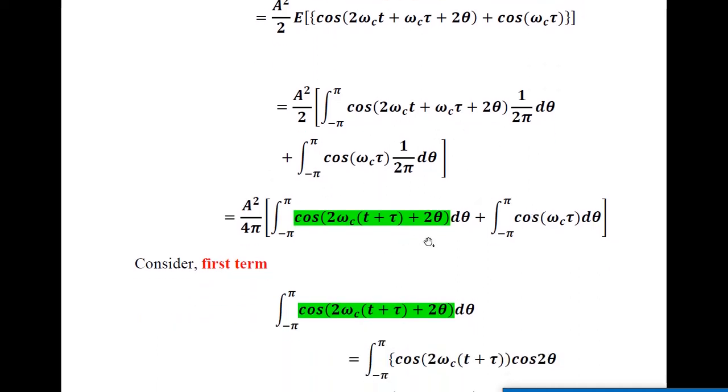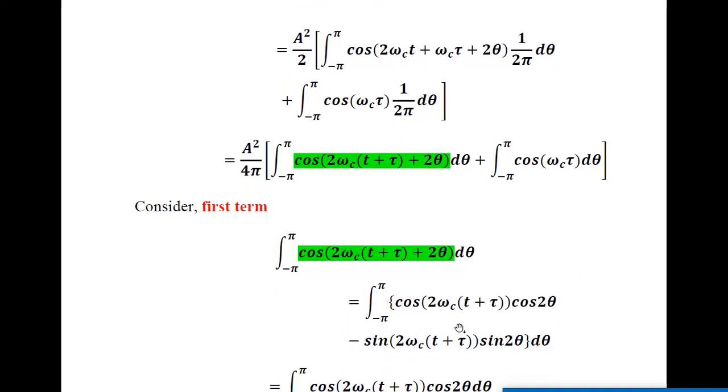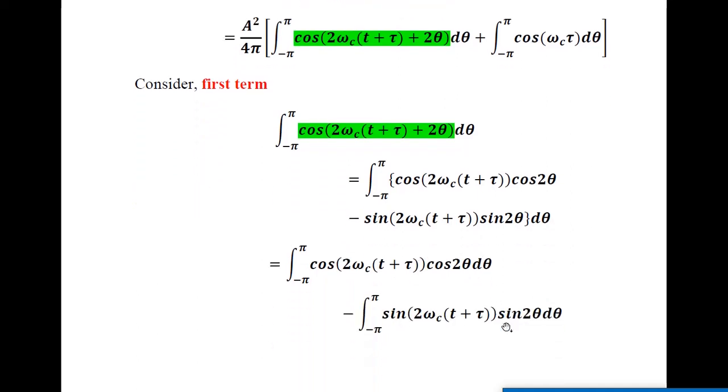So consider the first term now. The first term you can obtain as the integral from minus pi to plus pi of cos of 2 omega c t plus tau plus 2 theta, into d theta. This is the integration. You can perform the integration and expand it in the form of cos a cos b minus sin a sin b as before, and then do the manipulations.